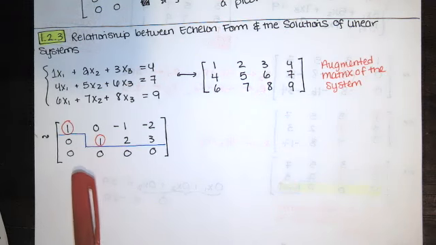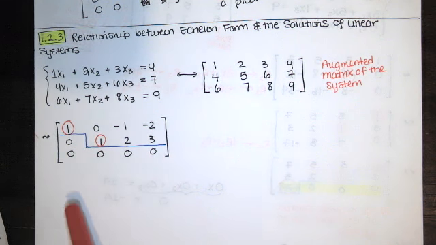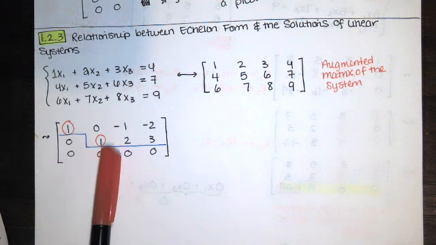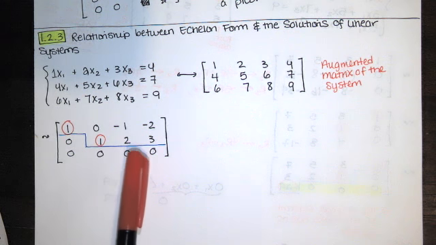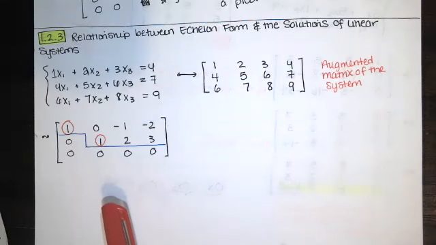We have a row of zeros, and that row of zeros is below all of the other rows. And the leading entry in the second row is to the right of the leading entry in the first. The third row doesn't have a leading entry. So that makes it row echelon form.